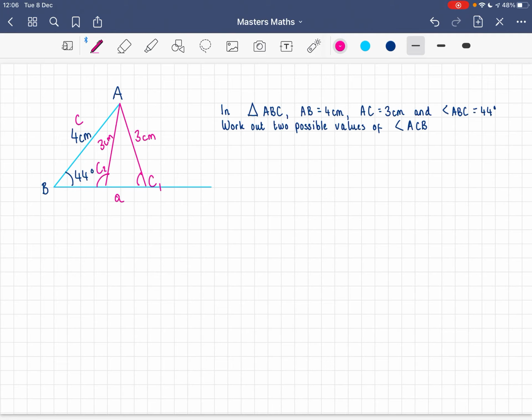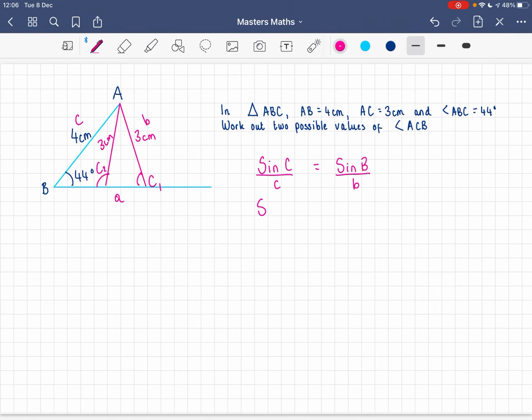So I have sin C over C is equal to sin B over B. This 3 centimeter line is my B. Put in what I know.